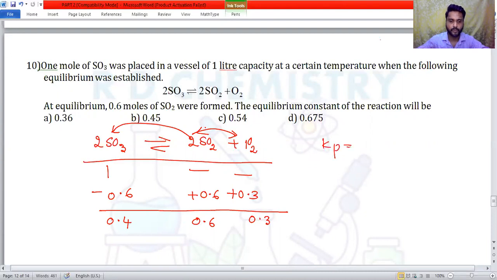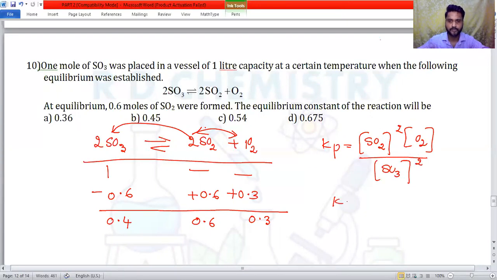So Kp is equal to SO2 concentration squared into O2 concentration divided by SO3 concentration squared.